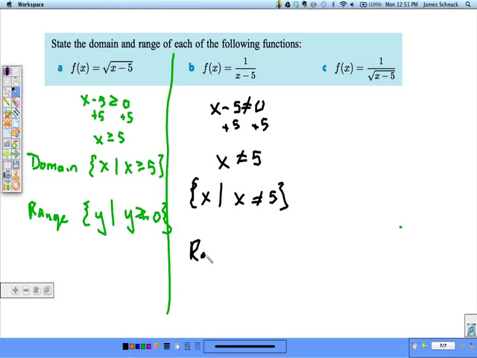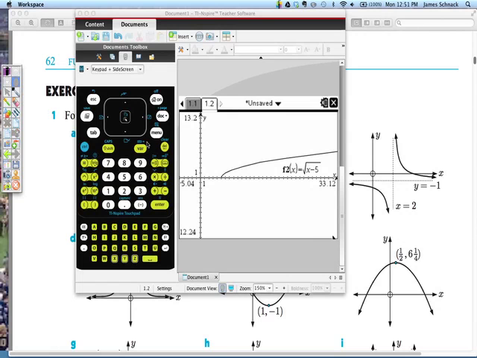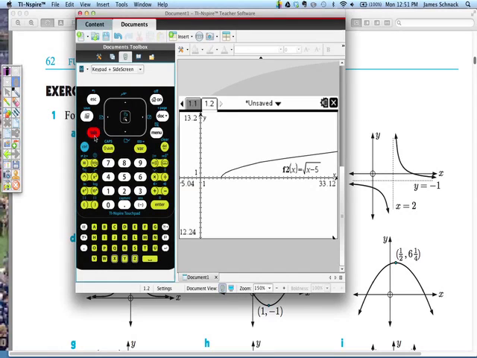The range, and sometimes this is harder. If you're not sure, again, go to the calculator. It's not a bad place to go. 1 divided by parentheses x minus 5.